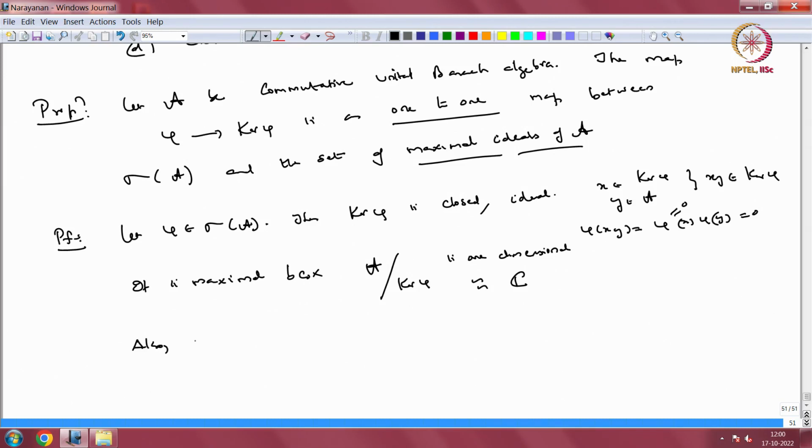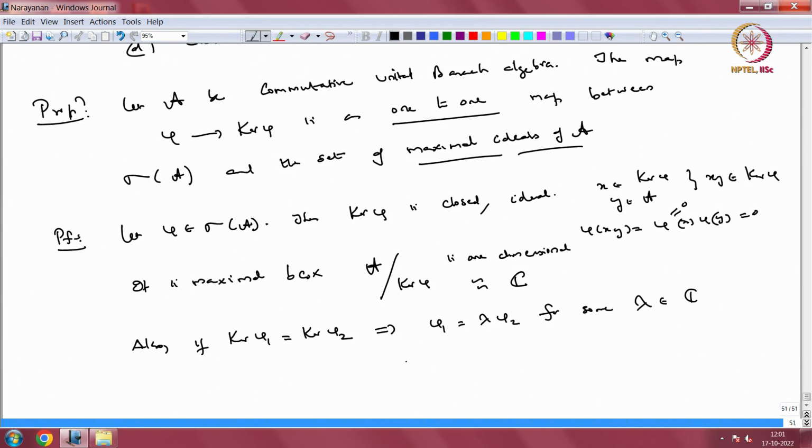Suppose kernel of phi 1 equals kernel of phi 2. So, let us say phi 1 and phi 2 are multiplicative linear functionals, and kernel of phi 1 and kernel of phi 2 are the same. From functional analysis you know that if I have two linear functionals whose kernels are the same, they are multiples of each other, right. So, this implies that phi 1 equals lambda phi 2 for some lambda in the complex plane.